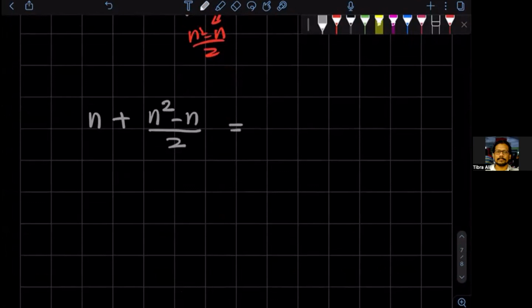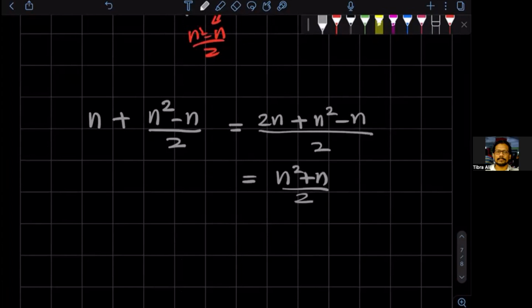If I simplify this, I get 2n plus n squared minus n over 2, or in other words, n squared plus n over 2. These are the total number of conditions.